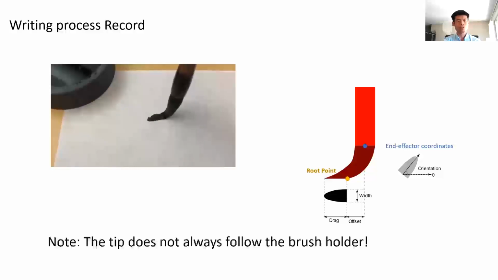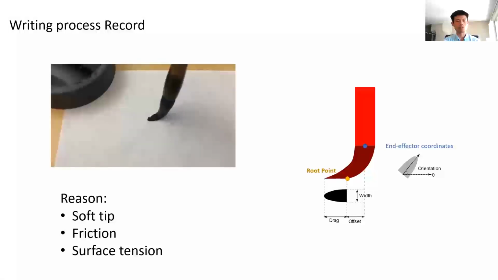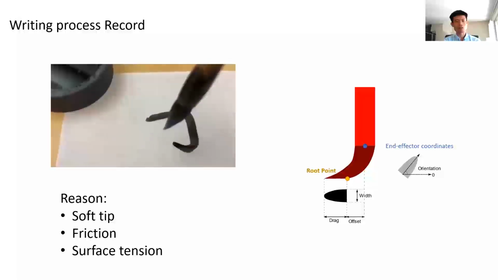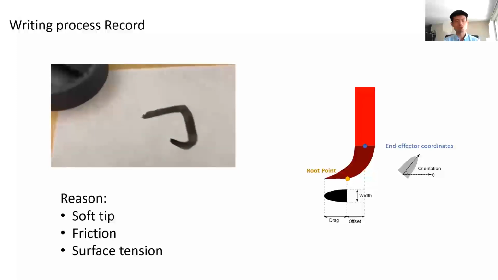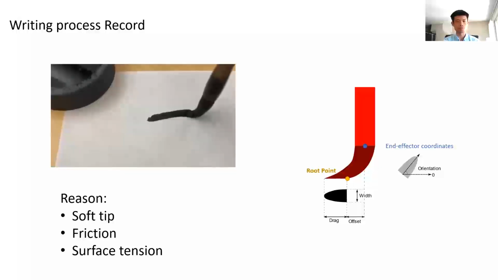We think there are mainly three reasons. At first, we know that the tip of the brush is soft, and so there is some elasticity. And also during the writing process, friction and surface tension are generated between the brush and the paper, and this force has a tendency to stop the tip of the brush from moving.